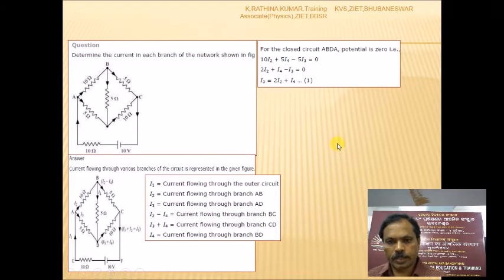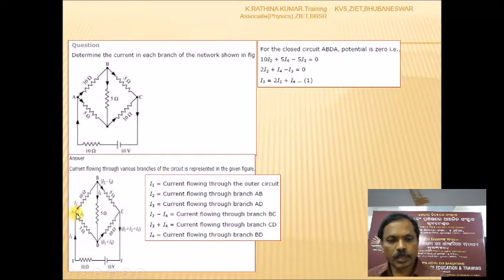Let's see. For the closed circuit A, B, D, A, this branch, according to Kirchhoff's second law, we can start from here. The product of the current and resistance is equal to the EMF in the circuit.